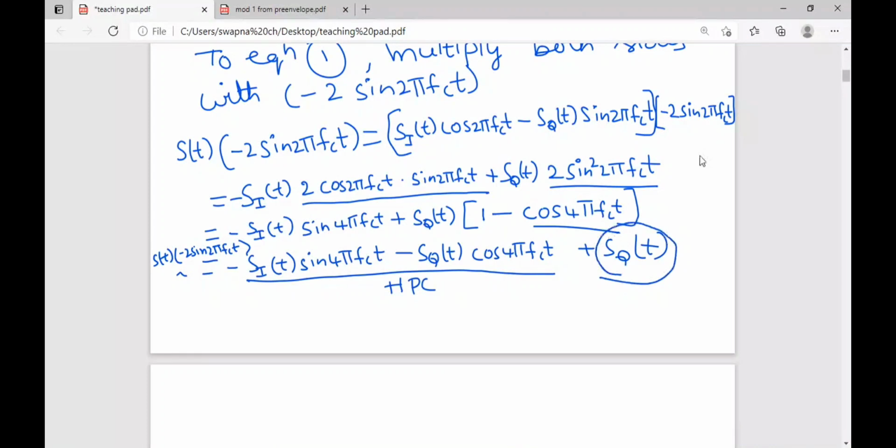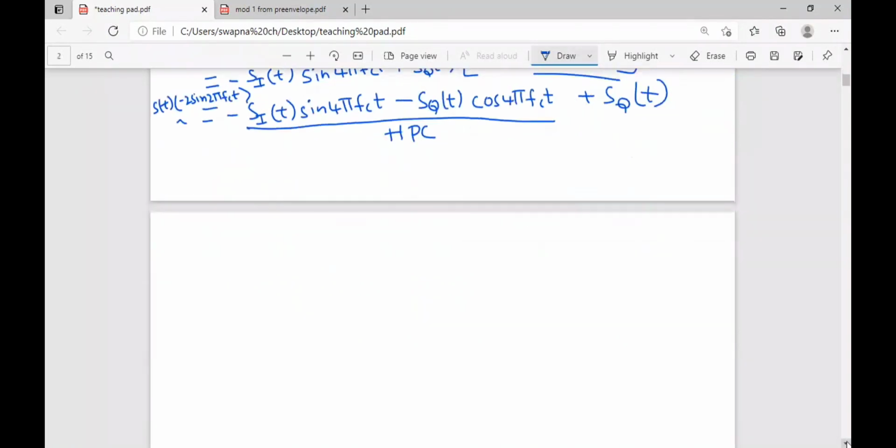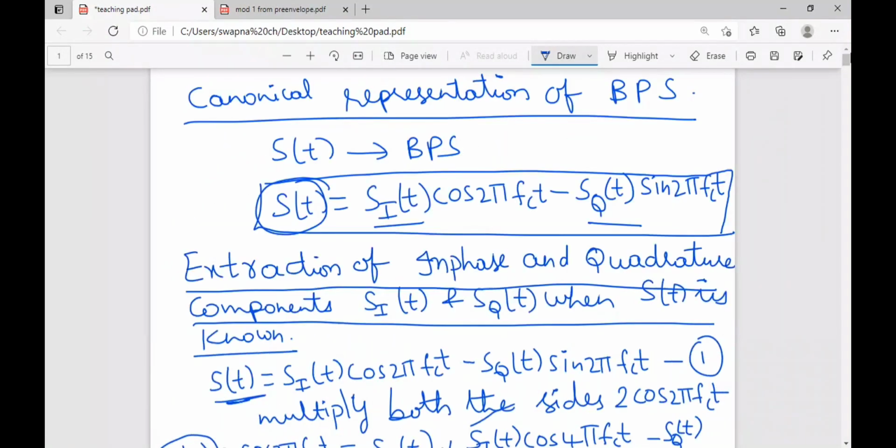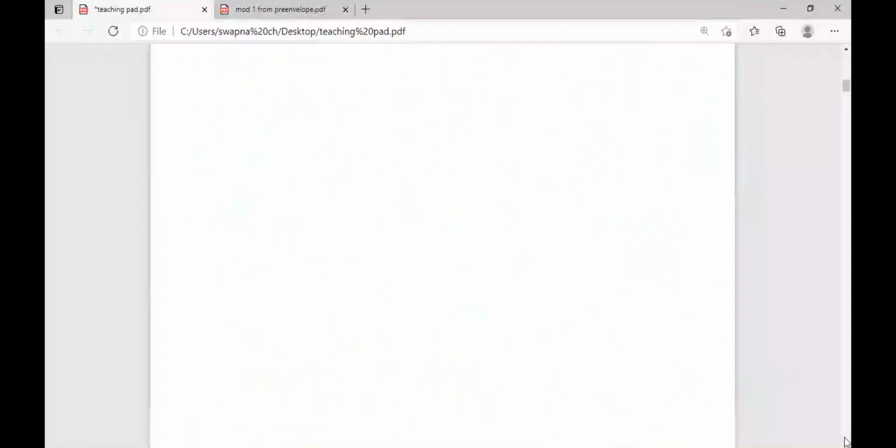So in order to get that, we need to pass this s of t into minus 2 sin 2 pi fct through the low pass filter, so that you get only the SQ of t component, which is nothing but the low pass signal. SI of t and SQ of t are the low pass signals. Okay, so anybody have doubts in the equations? This I've named as 2, this let me name as 3.